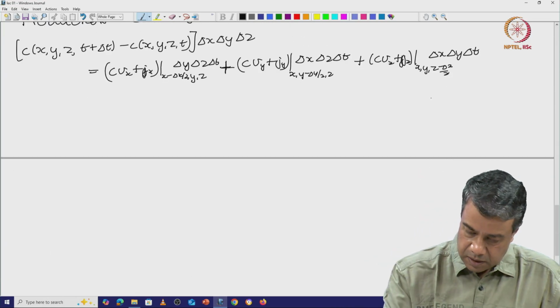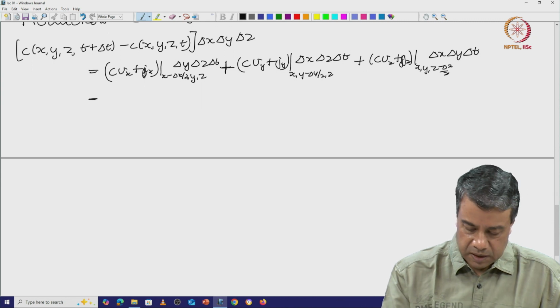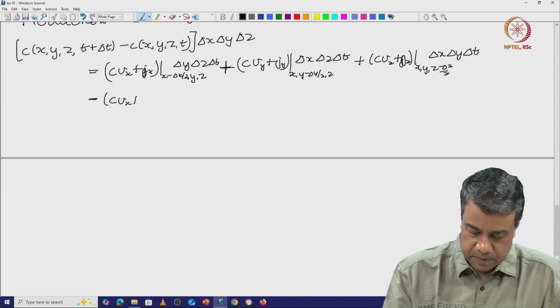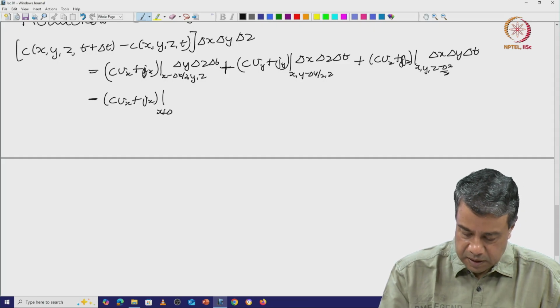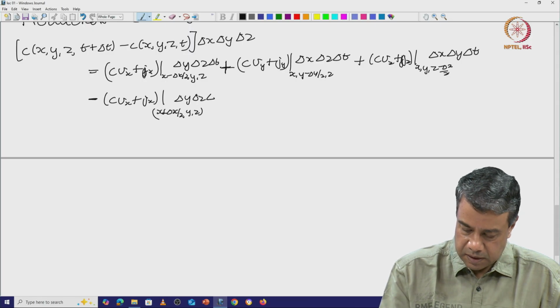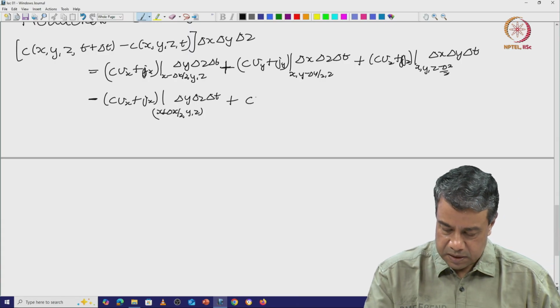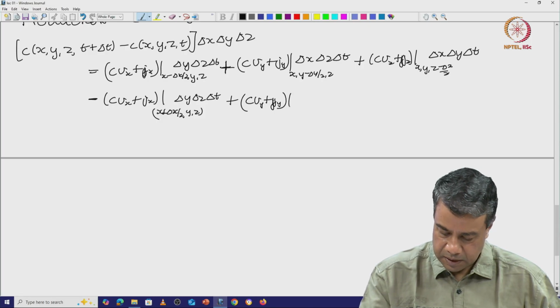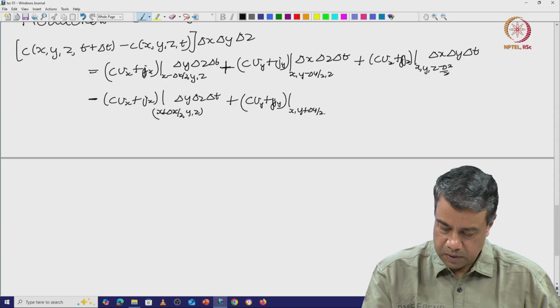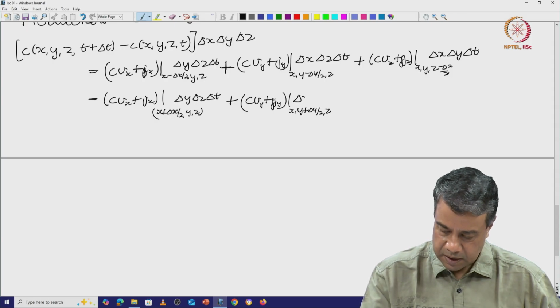Then the mass out also has 3 contributions: C Vx plus Jx at x plus delta x by 2, y, z, delta y delta z delta t, plus C Vy plus Jy at x, y plus delta y by 2 comma z times delta x delta z delta t.